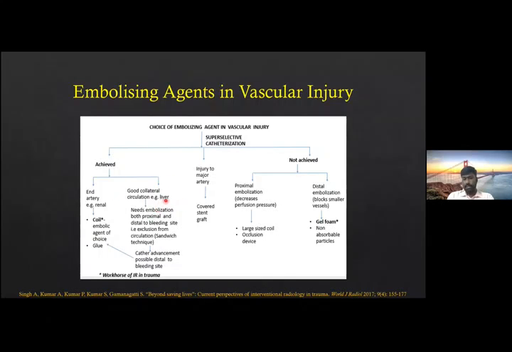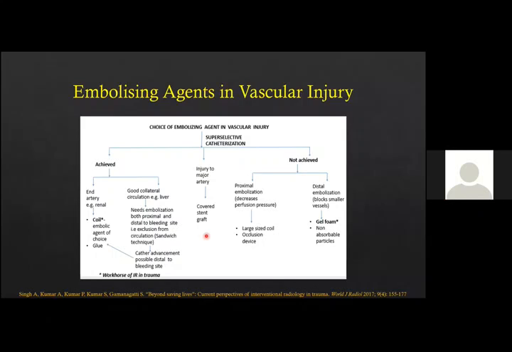However, whenever there is good collateral circulation, such as in liver and splenic injuries, we need embolization both proximal and distal to the bleeding site, when we can achieve superselective catheterization. If there is an injury to a major artery such as the aorta or subclavian and peripheral vasculature, then we have to go for a covered stent to preserve the distal vascularity.